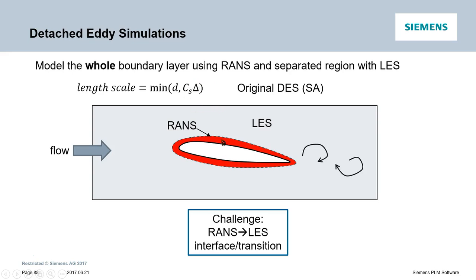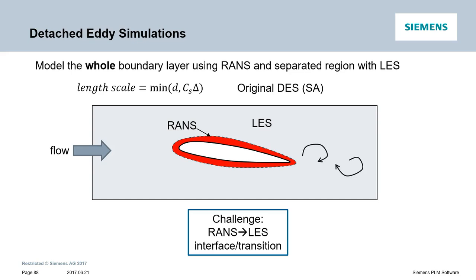That means next to the wall it's d, and away from the wall it's C delta. So near the wall it's URANS, assuming a coarser grid near the wall, and LES away from the wall. That also means there is a direct impact of grid spacing on this switch. So that's why DES models require more carefully crafted grids.